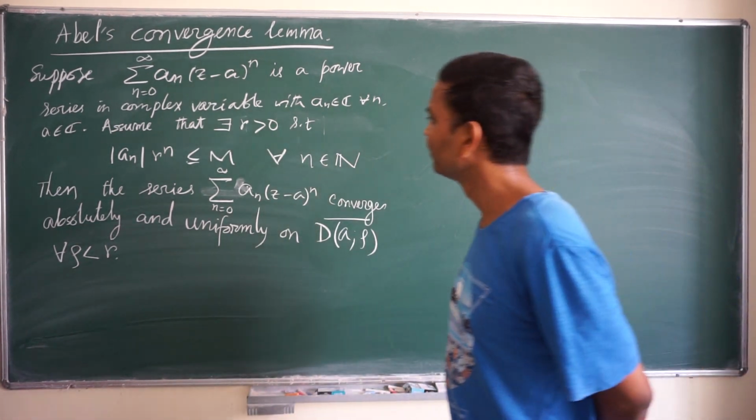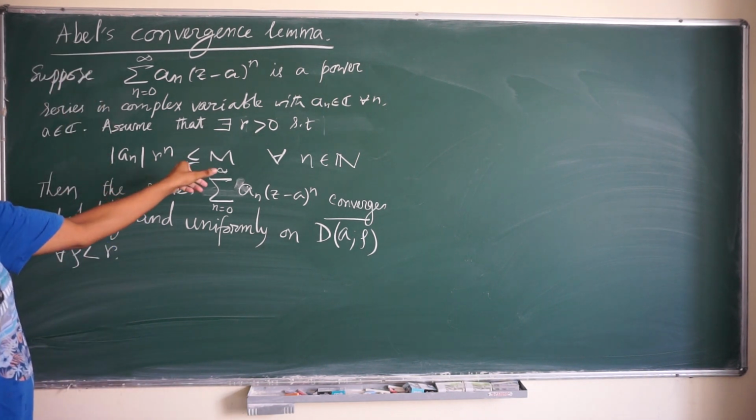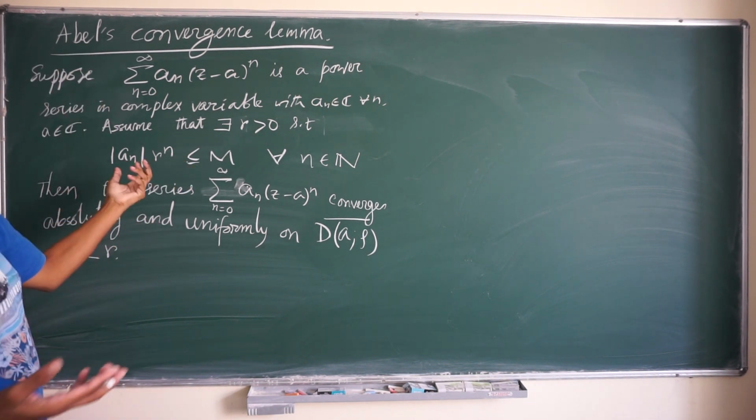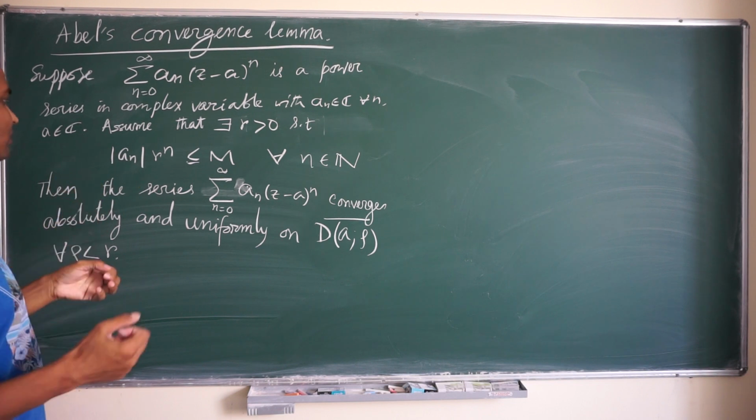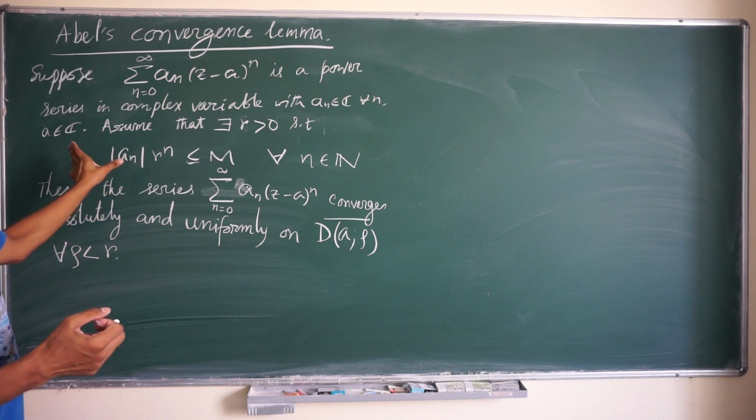So what it means is each of the terms is less than M. Of course you can remove finitely many if you want, that's not a big deal. What does it mean?